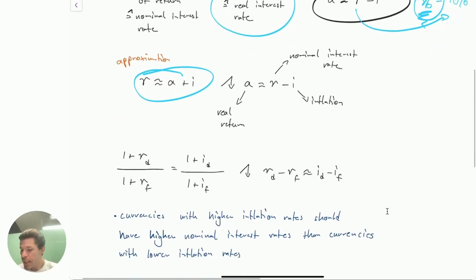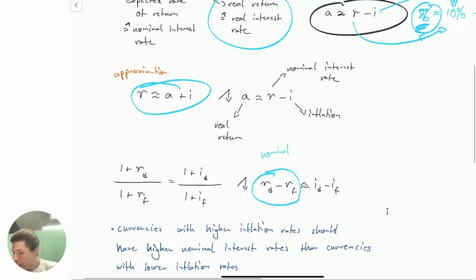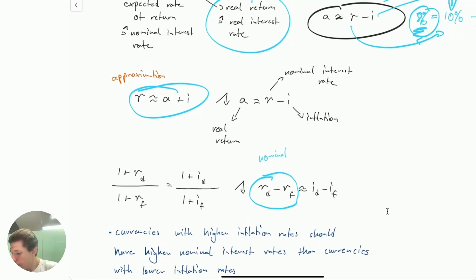And what you see here, if you change the formula a bit, you can say that basically your nominal interest rate differential is your inflation differential between two countries. So if country D has 8% and country F has 2%, then your inflation should adjust for this as well.